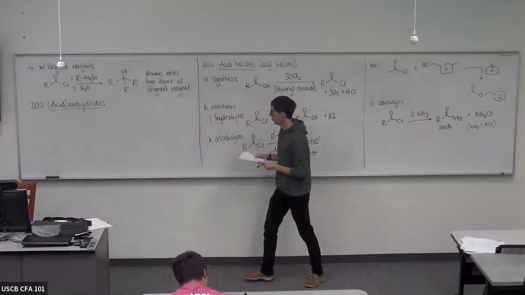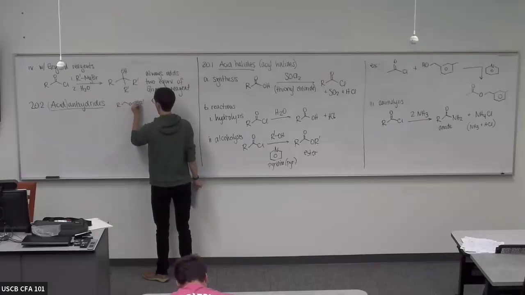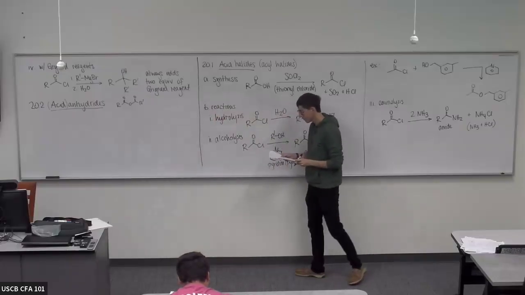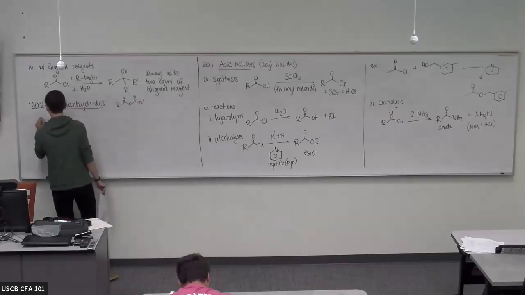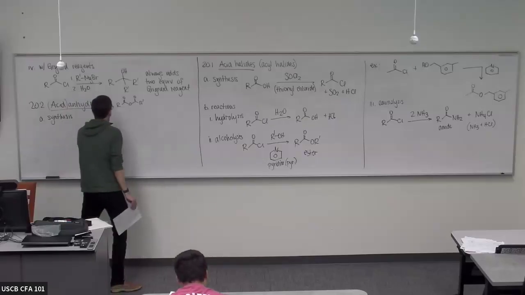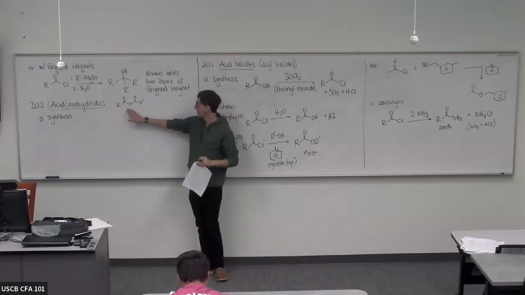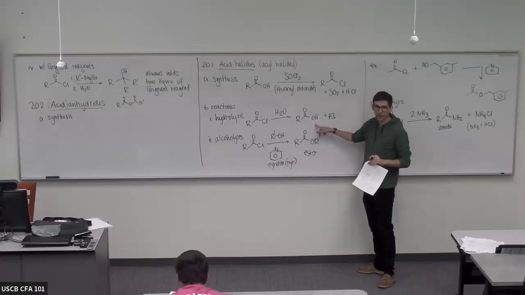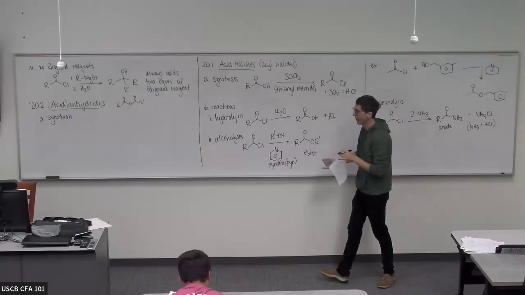Okay, anhydrides. Technically, to make one of these, you could take just a regular carboxylic acid, heat it up super hot, and it will dehydrate and give you an acid anhydride.